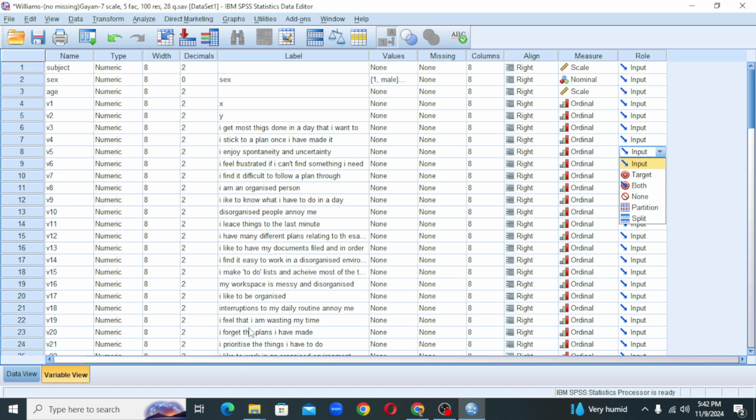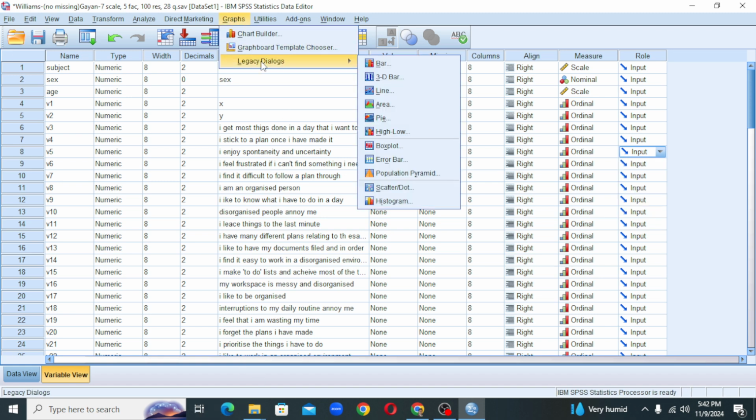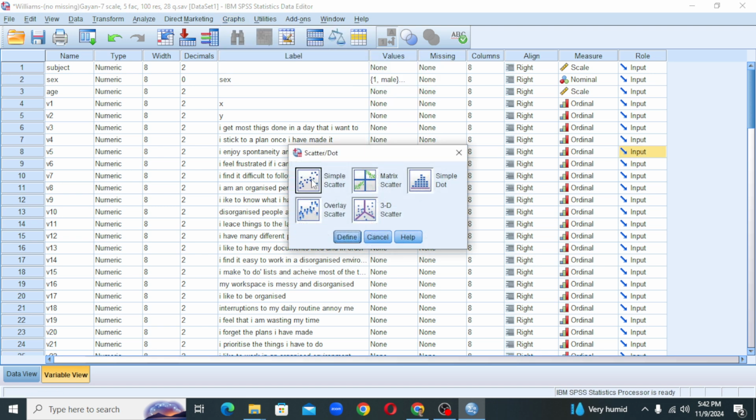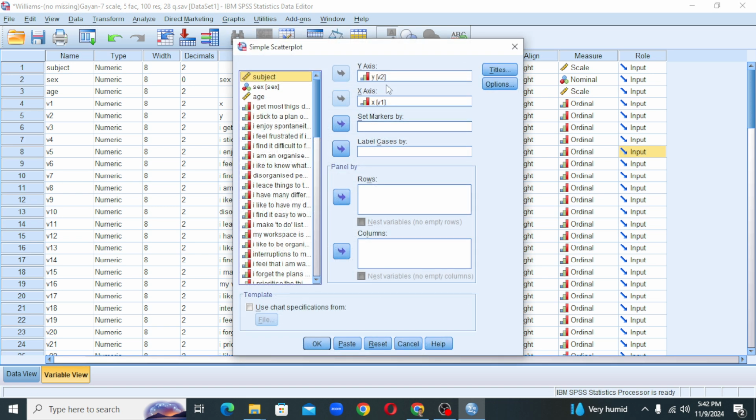For that, we will be selecting Graphs, then Legacy Dialogs, then Scatter/Dot, Simple Scatter, and we will be selecting variables. For Y, we will be selecting the Y variable. For X, we will be selecting the X variable.